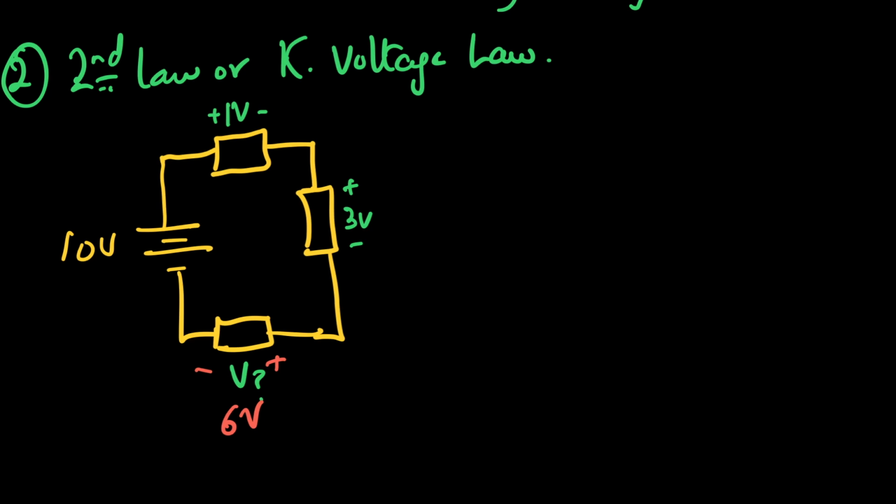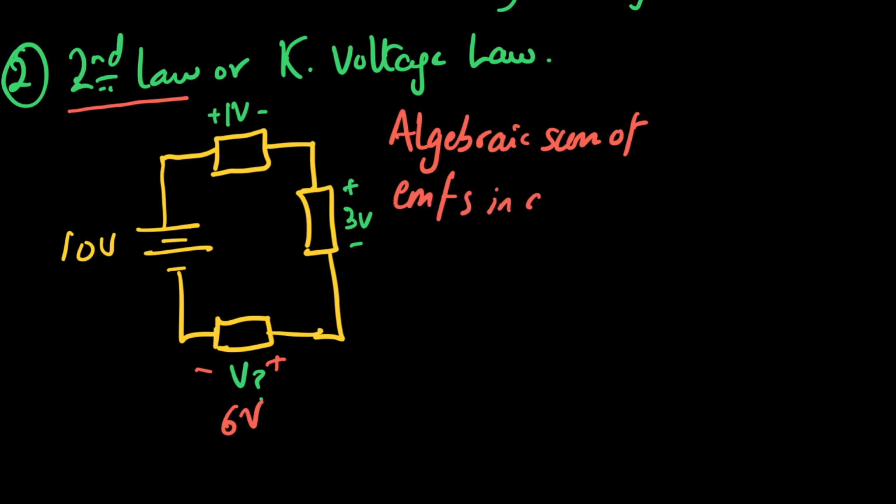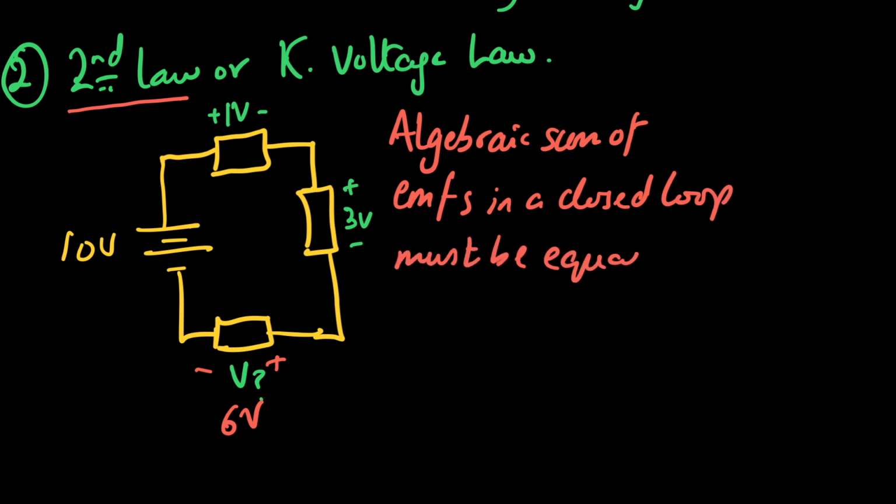The way they define it, of course, is very different. Please don't forget Kirchhoff's voltage law is also the second law. They can ask you what the second law is. The definition, the way they define it is that the algebraic sum of EMFs in a closed loop must be equal to the sum of potential differences.